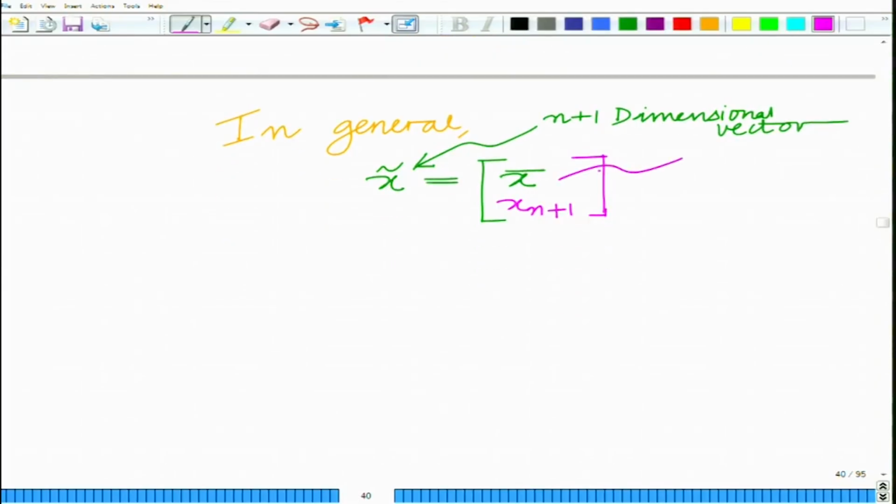This is an n dimensional vector x bar, and this is x of n plus 1, an additional component. So, we have an n plus 1 dimensional vector x tilde.